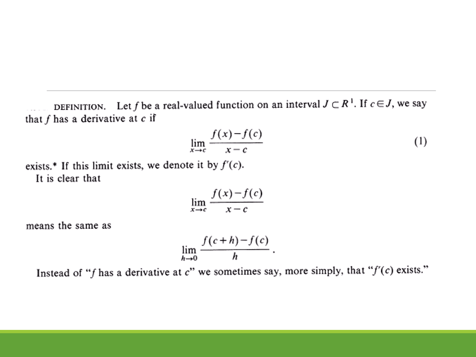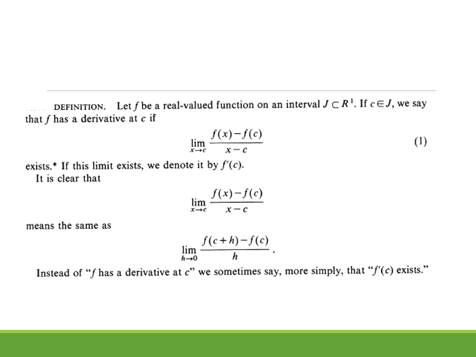Let f be a real valued function on an interval J, and let c belong to J. We say that f has a derivative at c if the limit as x tends to c of (f(x) minus f(c)) divided by (x minus c) exists, equation number 1. If the limit exists, we denote it by f dash of c.